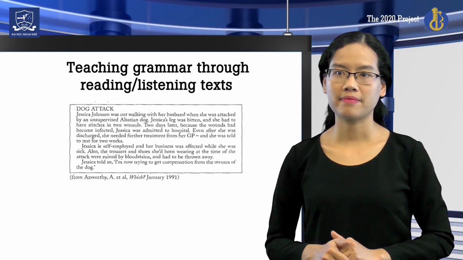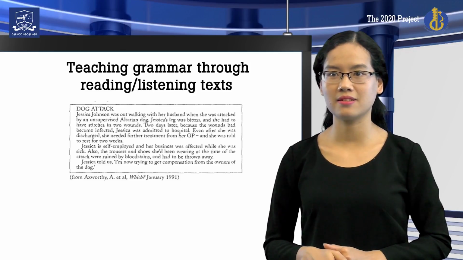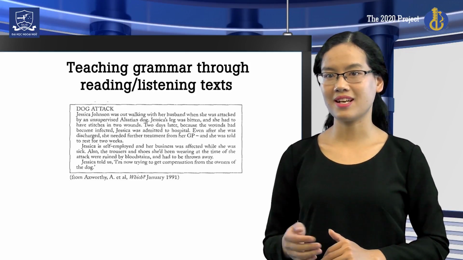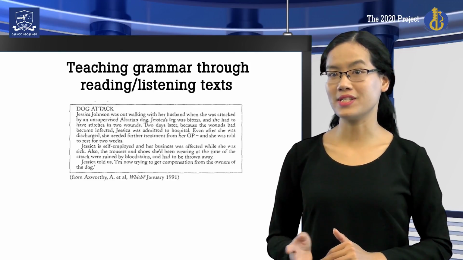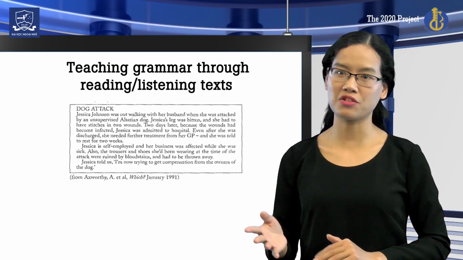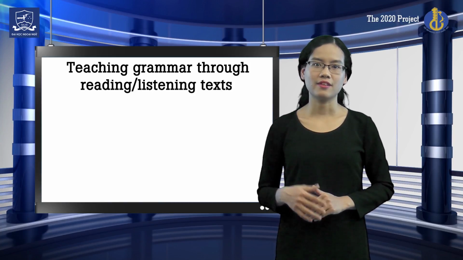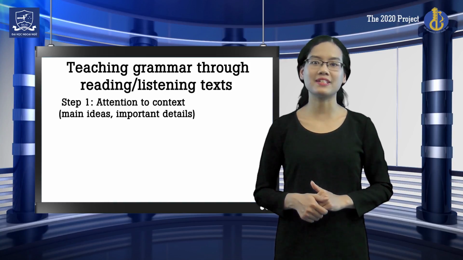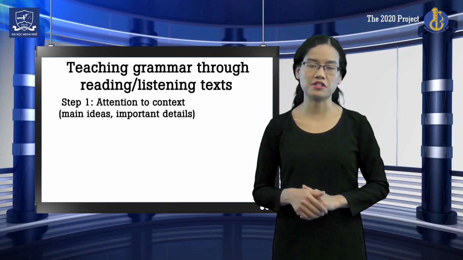As you can see, there are numerous examples of the passive form in it, like was attacked, was beaten, was admitted, was discharged, etc. In teaching grammar from text, the first step is to draw students' attention to the context and the content of the text.